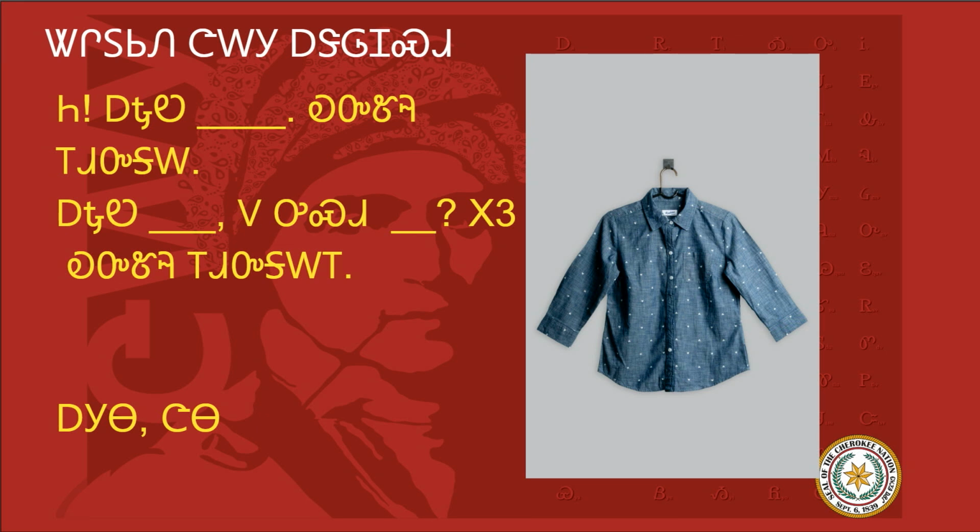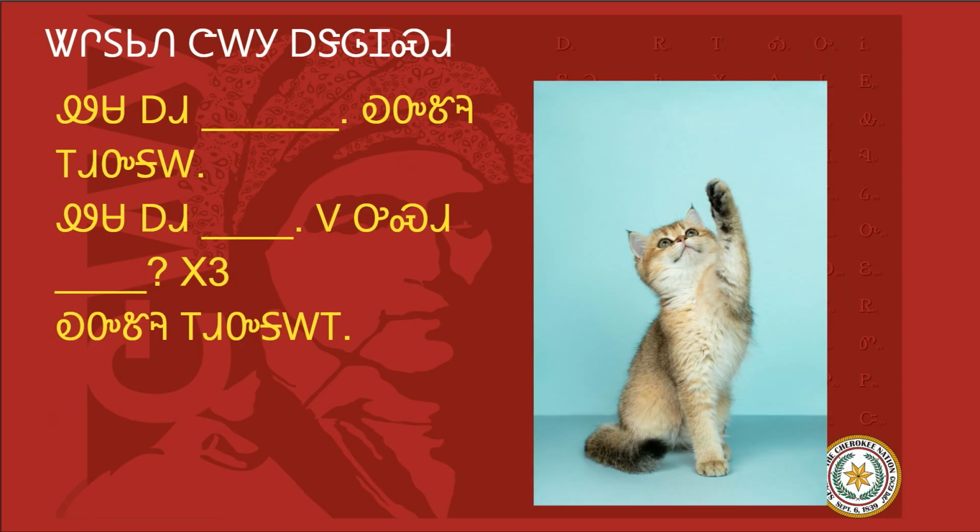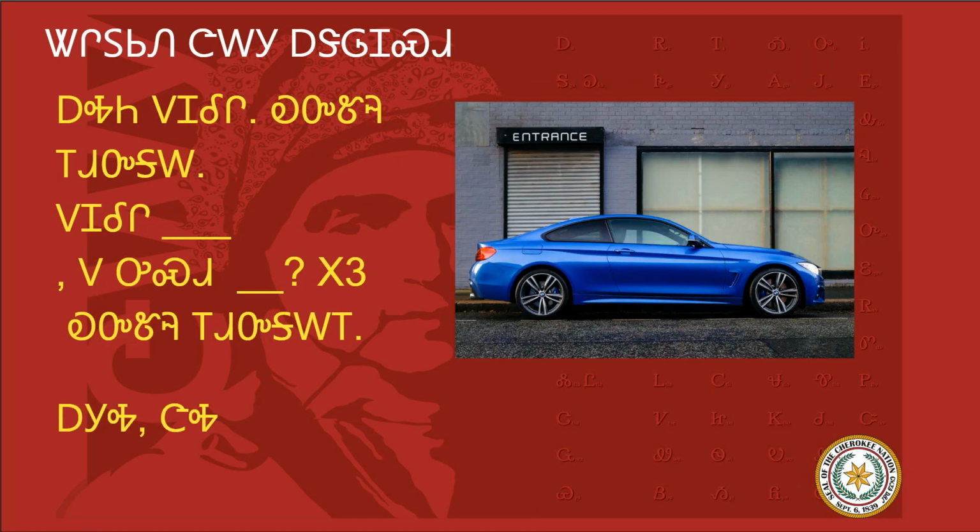But in Cherokee, there are 5 different ways to say have, depending on if it's living or if it's flexible, if it's liquid, if it's a solid, or if it's long and rigid, right? So those are the kind of 5 classifiers. So let's read through these 5 one more time just to get our practice, okay?